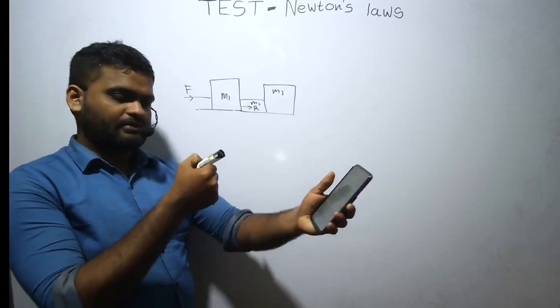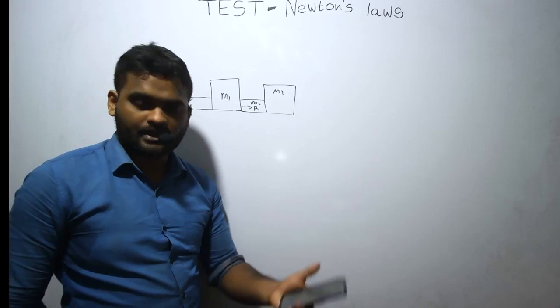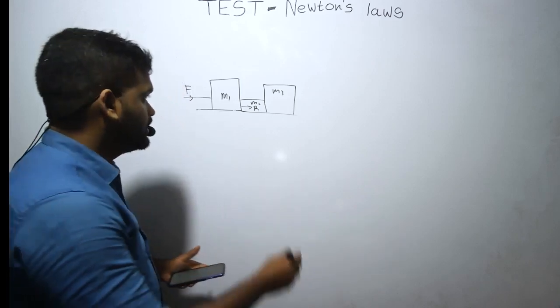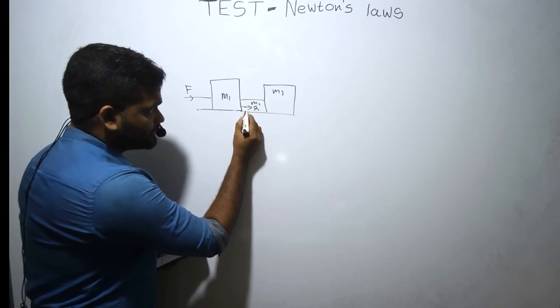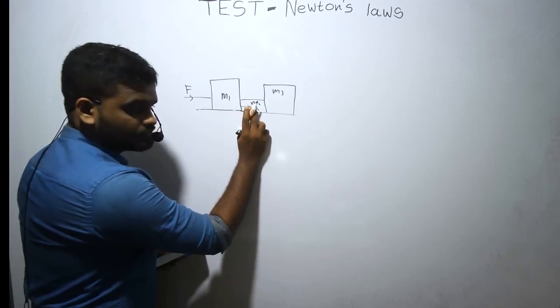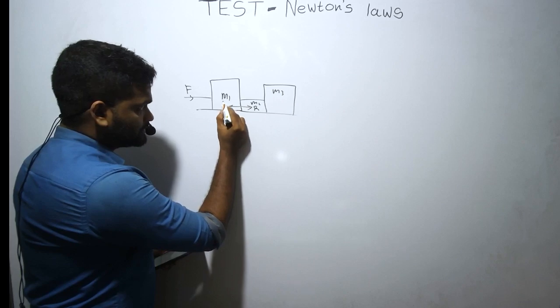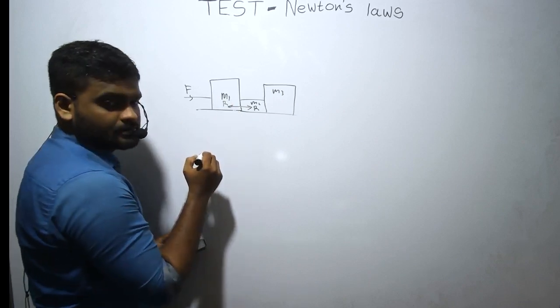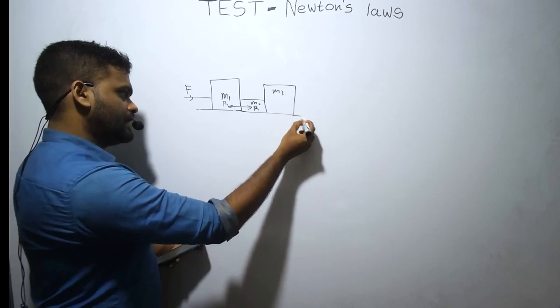Whenever there's a contact between two objects, there's always going to be a normal reaction between them, right? So this normal reaction, normal to the surface, acts on M2. Then there's a reaction force on M1, right? So you have the system.